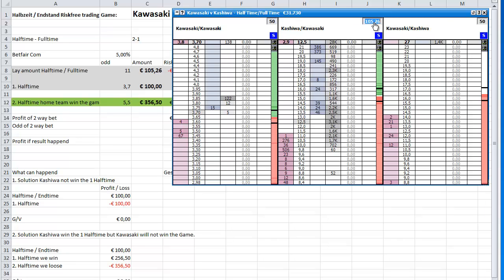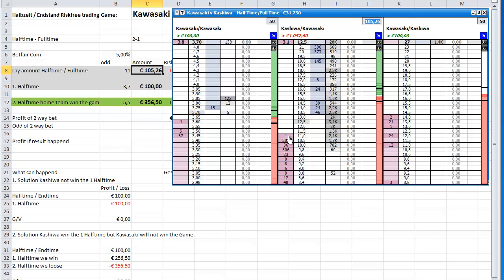Okay, you can see here the calculation is which kind of amount you want to win divided by 1 minus Betfair commission. So this is the amount you need that you can get a payout of 100 euros net profit.